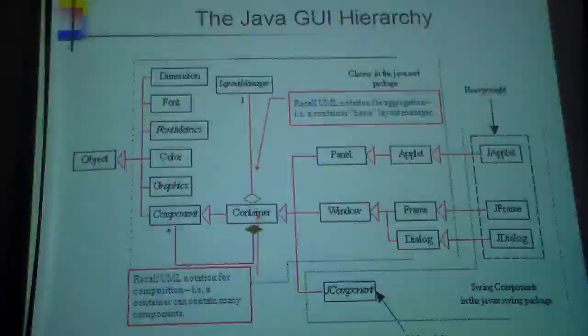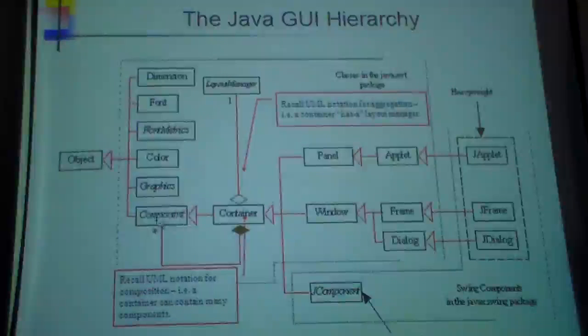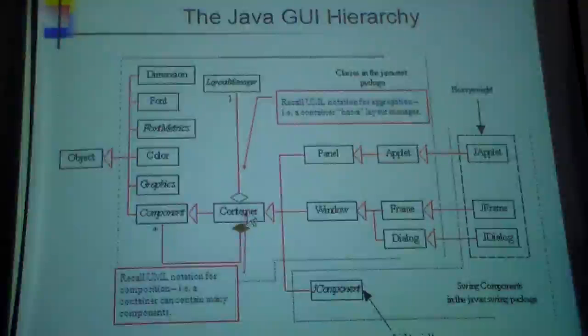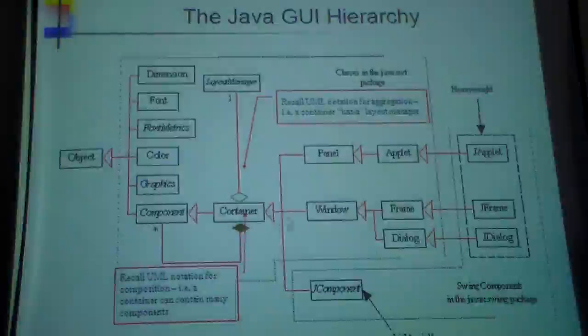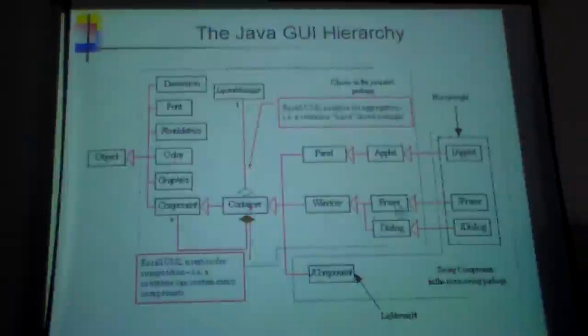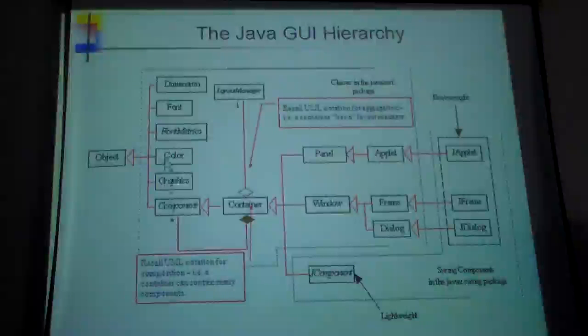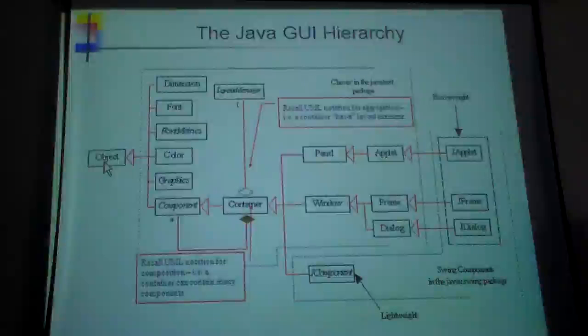For example, these classes inherit from Object, and these are the helper classes. The second group is components, which inherit from container, and Window also inherits from container, and Frame inherits Window, and this Frame may inherit everything until it arrives at Object. That is the hierarchy, or the inheritance.